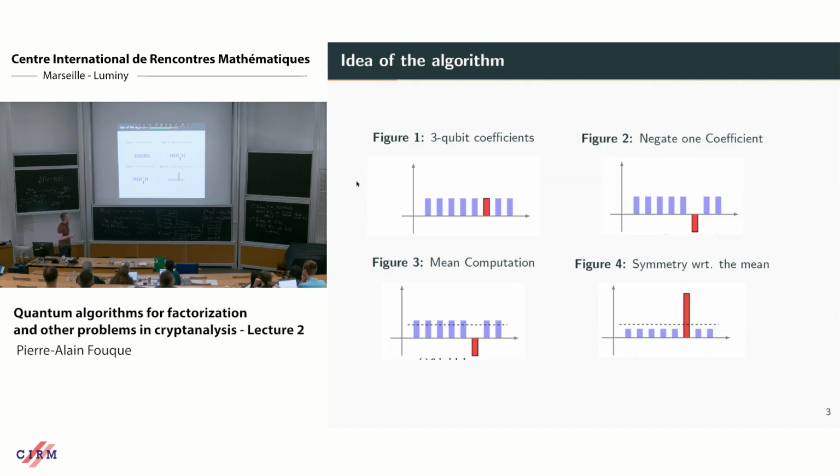And now we are doing some symmetry according to the axis here, according to the mean. Okay, what it means is that all of these values will be below the mean with some value, but this value that is much smaller than this will be higher, okay? So this is the goal of one step of Grover's algorithm, okay? And at some point, you will be in this situation after one step, okay?